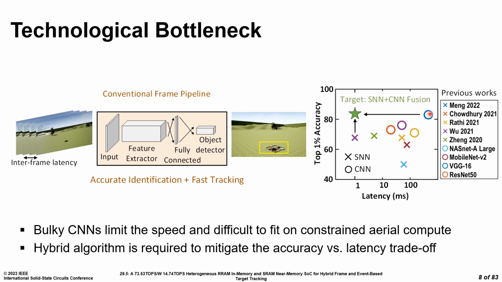On the other hand, spiking neural networks process with really high speed because of sparse event-based processing, but their accuracy remains limited because of the noise in the event stream and also unreliability of training with event-based processing. So to mitigate this trade-off and reach high accuracy and high speed simultaneously, we proposed a hybrid event and frame-based target tracking algorithm.